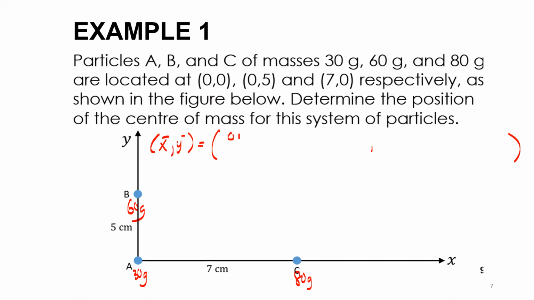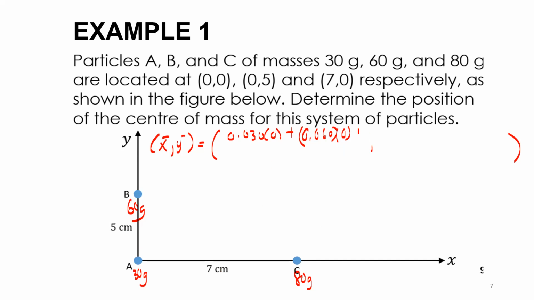So I will take 0.030 times 0 plus 0.060 times 0, because the distance, the x, is basically 0 here. The only one is 80, it is 7 centimeters away.